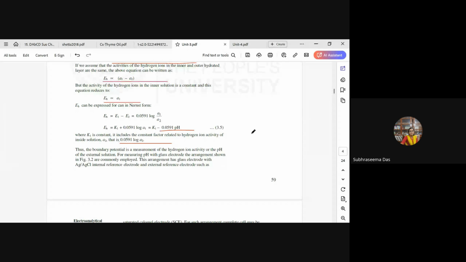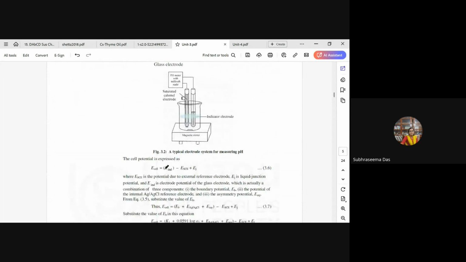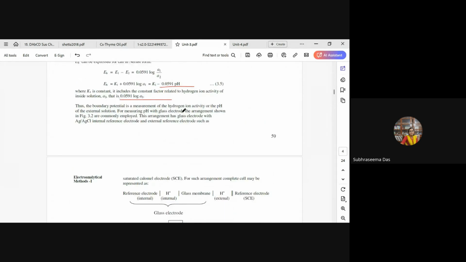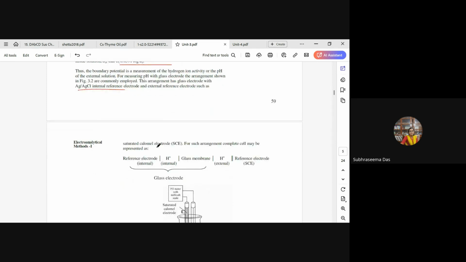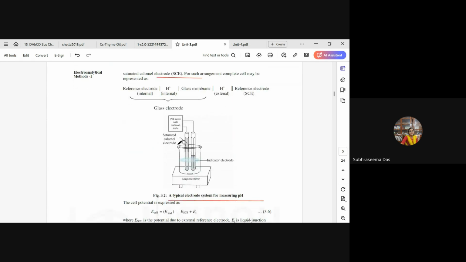So the boundary potential is a measurement of the hydrogen ion activity, or the pH, of the external solution. For measuring pH with a glass electrode, the arrangement shown here in figure 3.2 is a typical electrode system commonly used. The arrangement has a glass electrode with a silver chloride internal reference and an external reference electrode, the saturated calomel electrode.